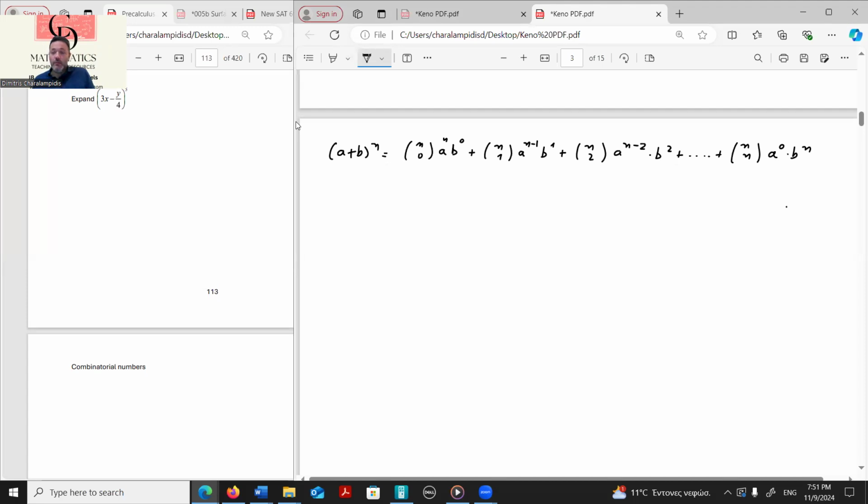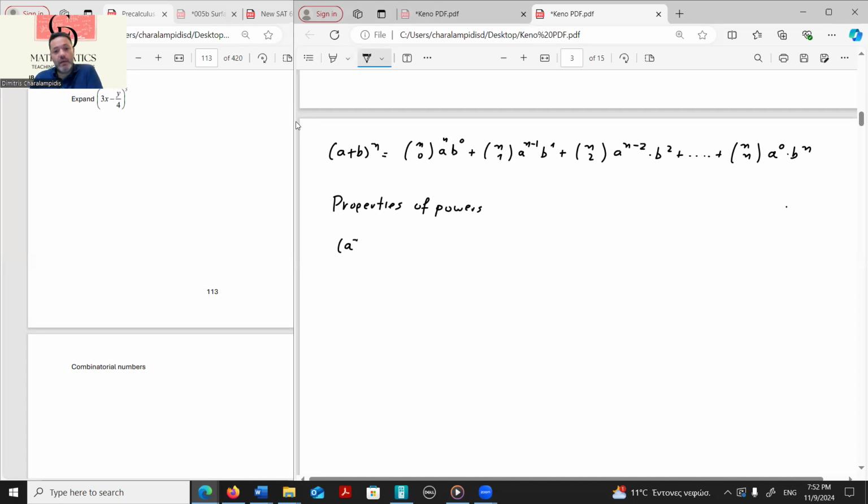Now, in most cases, however, we might be asked to not only expand the binomial, but also simplify. In this case, it's all about operations. Among the operations, first of all, we have some properties of powers, of the exponents, because we work with exponents.